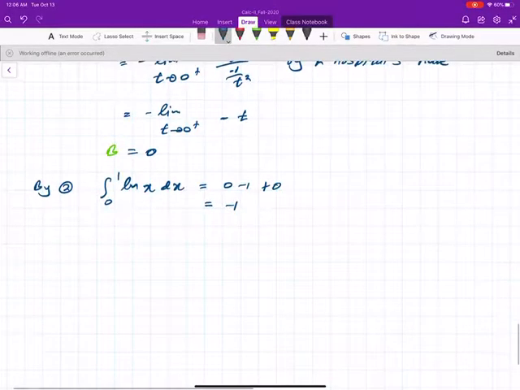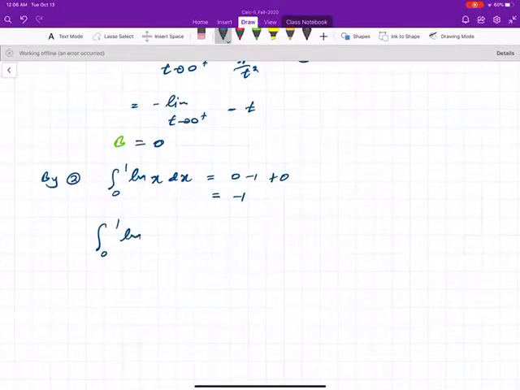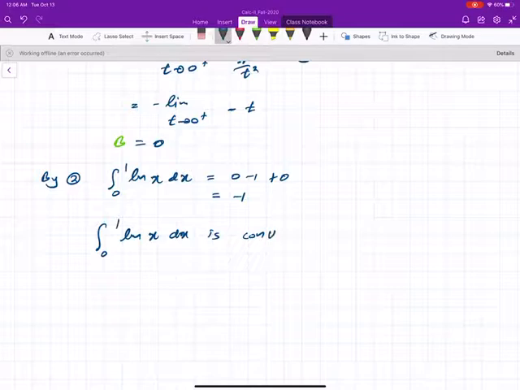Okay, the integral is minus 1, that means it converges. That means the integration from 0 to 1 of ln x dx is convergent.